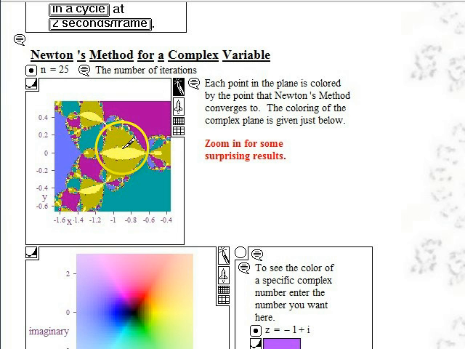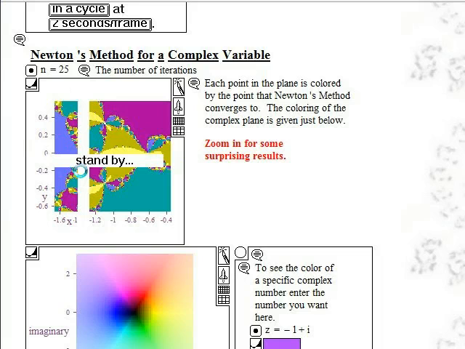Let's try zooming in off the real axis down into something. Oh, I don't know. I'm just guessing what might be an interesting region. But the thing is, this is chaos. This is a fractal. It's generated by just simply taking a starting point and looking what happens.